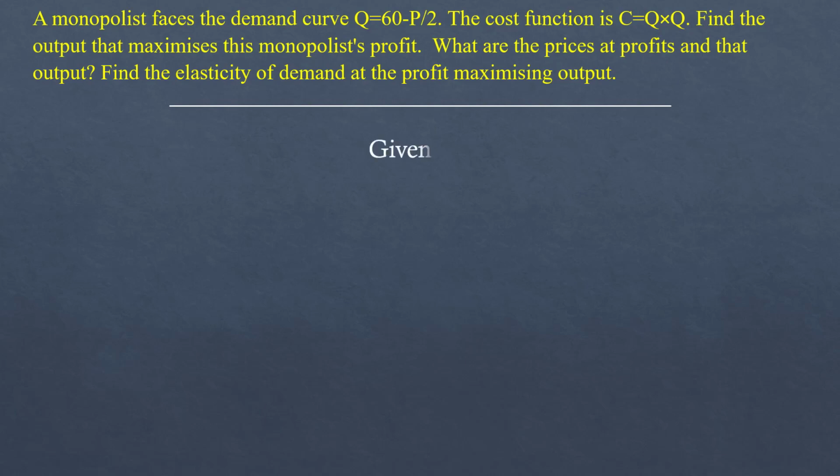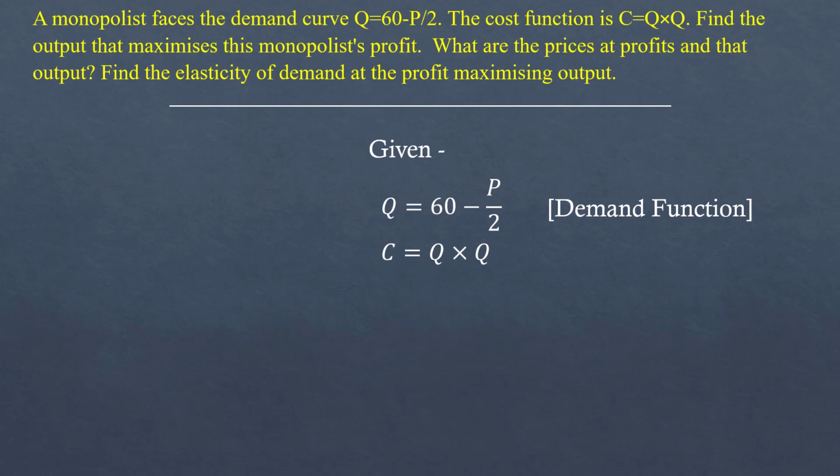Now the solution. First state what is given in the problem. Q equal to 60 minus 2 over P, demand function. C equal to Q times Q, C equal to Q squared, cost function. These are the two functions we are given.